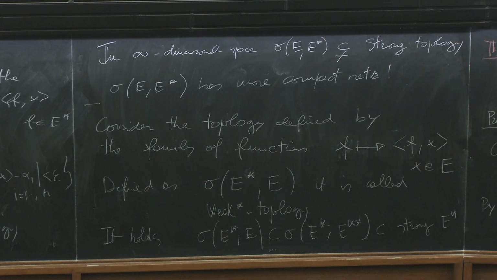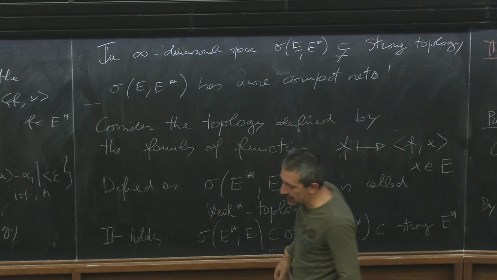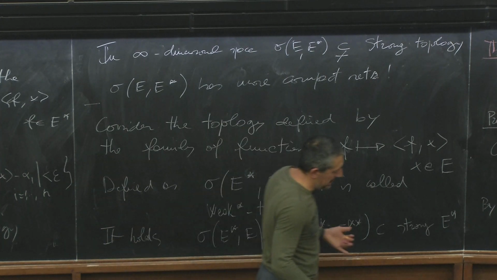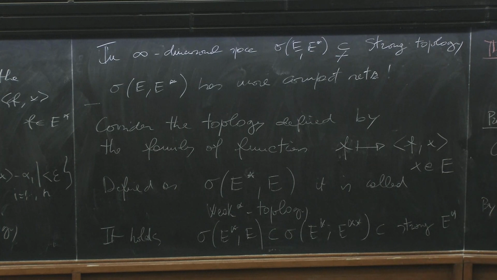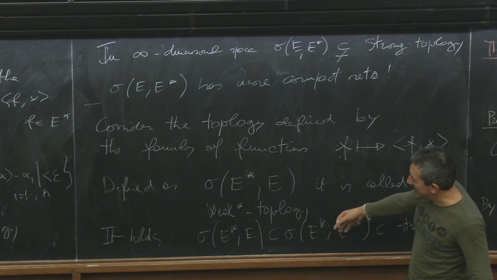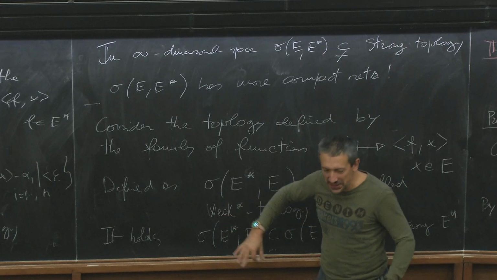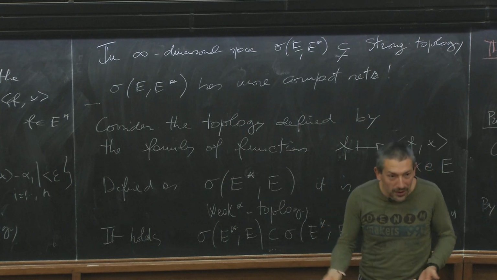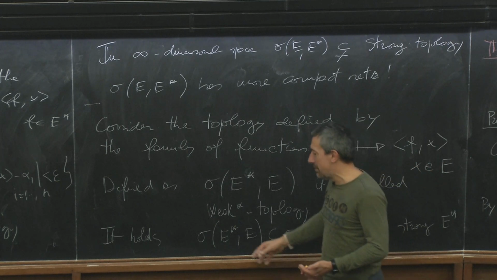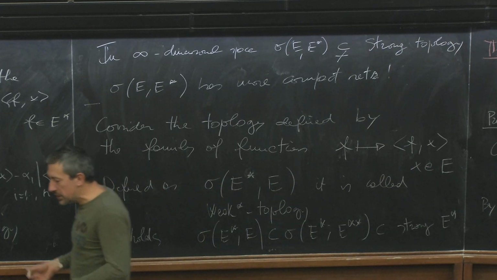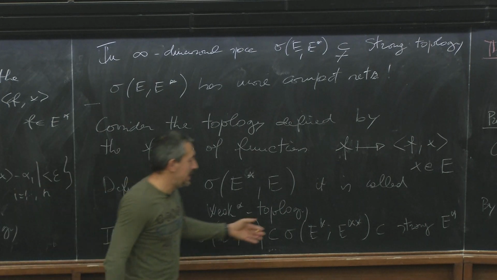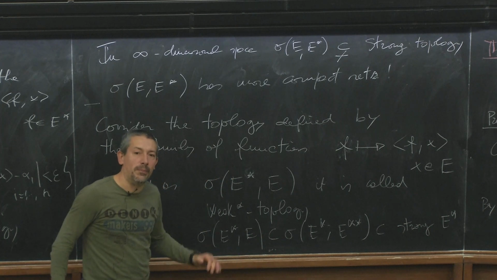And the topologies are clearly non-equivalent, unless the space is reflexive, otherwise they are not. We are even happier here because this topology is even smaller, so we still have more compact sets. In particular, we will see that the unit ball, which is non-compact in these topologies here, is compact.